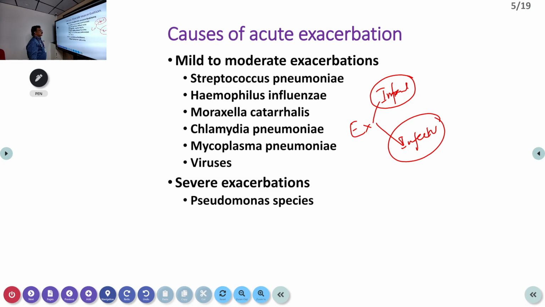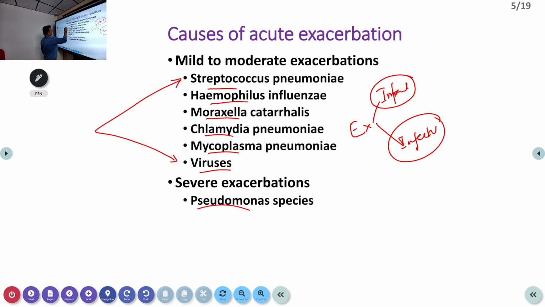In mild to moderate exacerbation, the organisms are Streptococcus, H. influenzae, Moraxella, Chlamydia, Mycoplasma and other viruses, Pseudomonas. If any normal person with a normal lung comes with a respiratory tract infection, mostly it is due to Streptococcus or viruses.